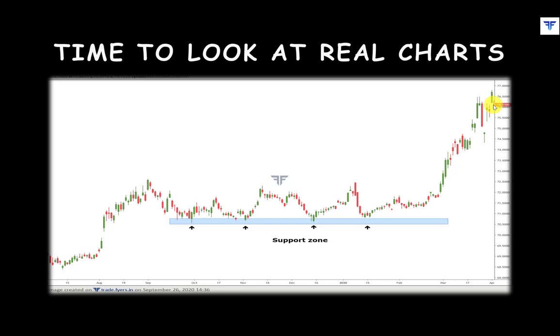Think about the psychology behind this move. It can be seen that the buyers strongly defended this floor each time the price tested it. Eventually, the determination of the buyers to defend this zone paid off as price managed to head higher in the days ahead.